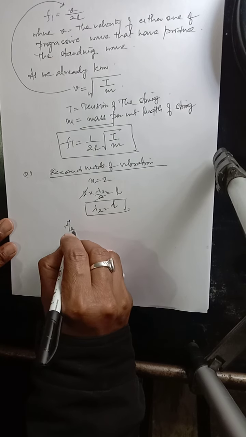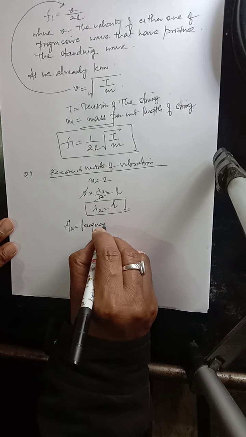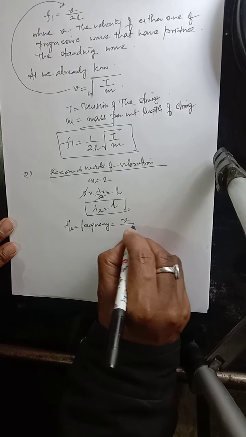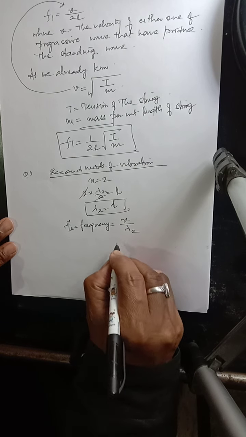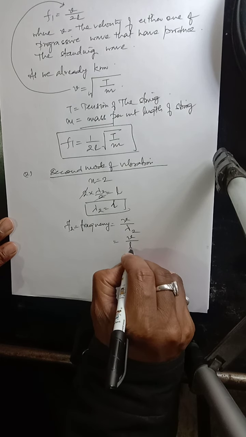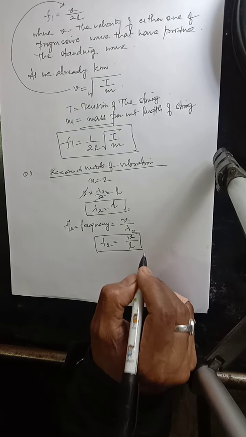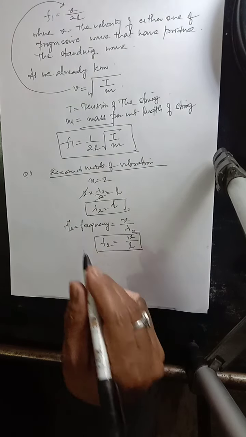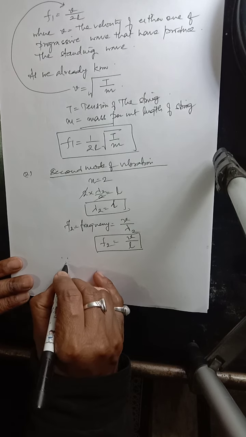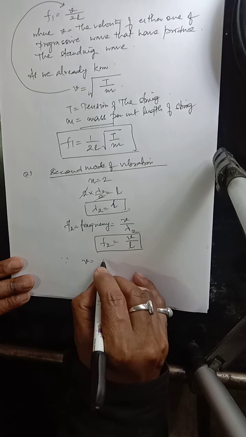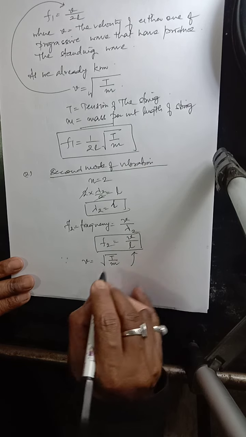The frequency F2 is V upon lambda 2, that is V upon L. Following the same procedure, as we know the velocity is under root of T by m, we put this value in the equation.